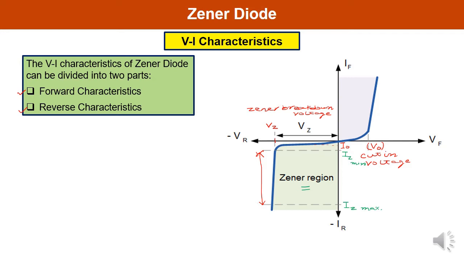So here you can see the voltage across the Zener diode remains constant, but current changes, and it changes depending upon the supply voltage. So the Zener diode is operated in this region, and when it is used, it is known as a voltage regulator. This is one of the major applications of the Zener diode, that the Zener diode acts as a voltage regulator.